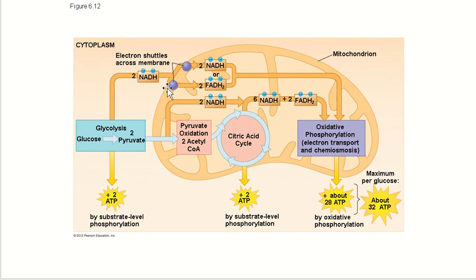Now the malate aspartate shuttle will shuttle glycolytic NADH to the matrix as NADH. Okay, so it will still shuttle glycolytic NADH as NADH. However, the glycerol 3-phosphate shuttle will shuttle glycolytic NADH to the matrix not as NADH but as FADH2.